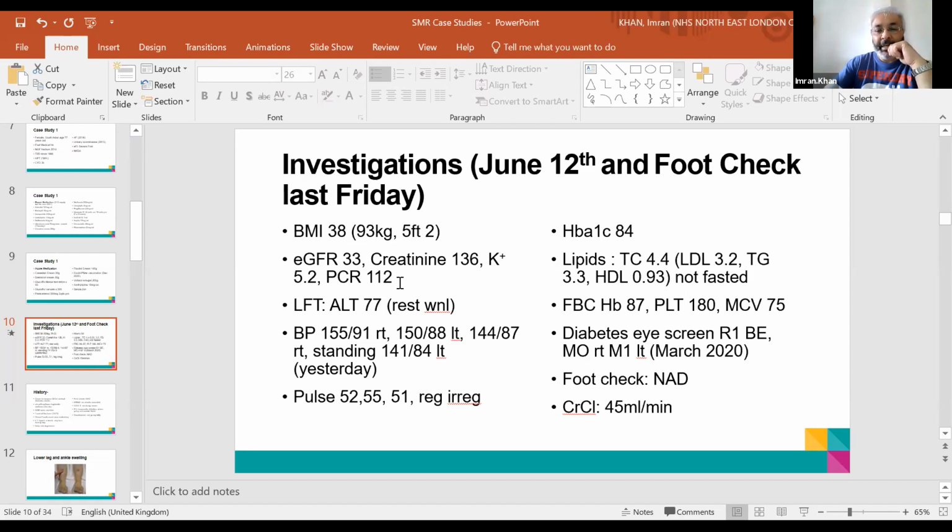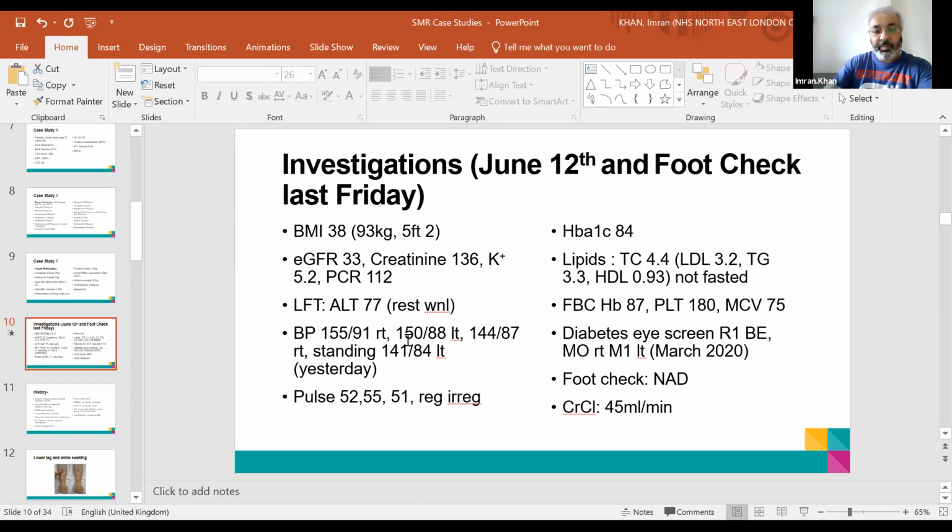So we need to start thinking about a referral to who? Nephrology. She's got PCR of more than 100 with a low eGFR. We need to have a discussion with the GP about getting her to the kidney specialist, because she may be on her way to complete kidney failure. So we want to try and stop that.